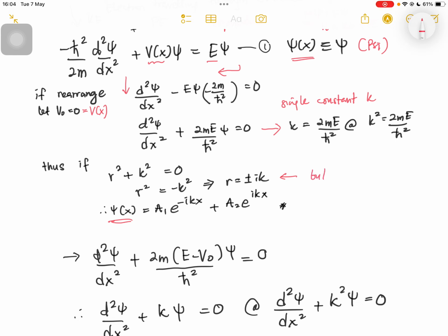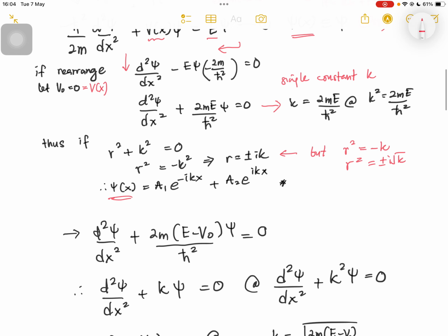But let's say if you stick with the first option, r square equals k, then your r equals plus minus i square root k. So your solution is either this one, number 1, or you can find another solution since you have a complex root, e to the minus i square root k x plus e to the i square root k x. Okay, so you have that.